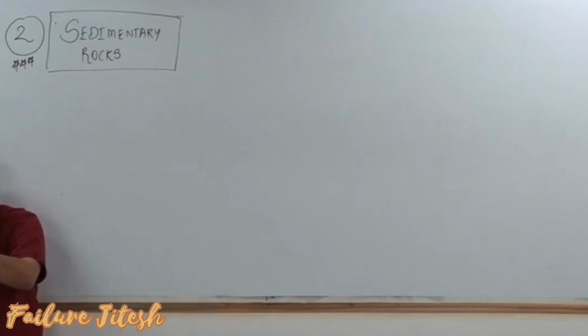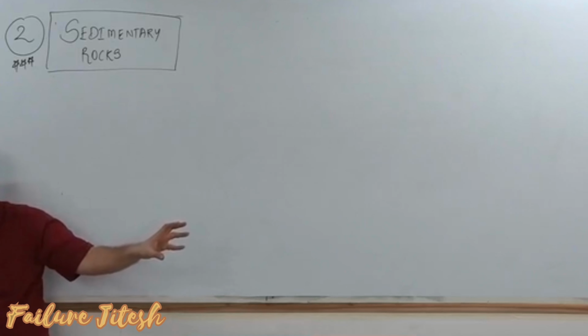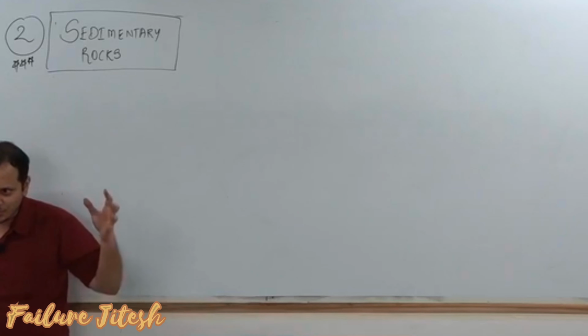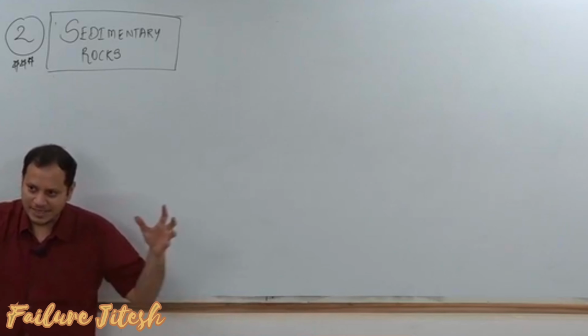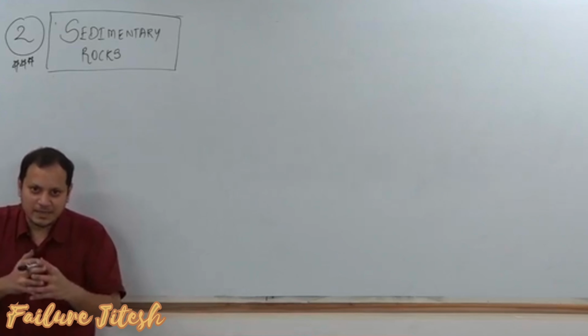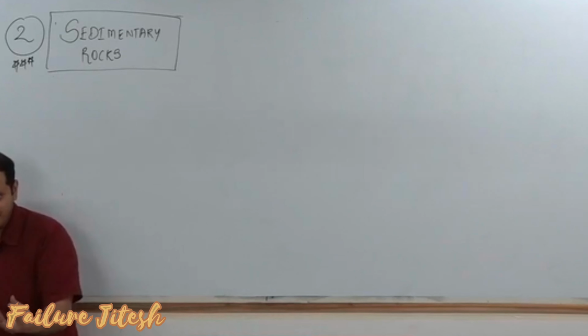It can be original igneous rock, it can be original sedimentary rock also, it can be original metamorphic rock. After that the sediments may be carried by the agents of erosion or they may remain in the same place. After that, due to overlying pressure, the sediments will become compact. As they become compact, they will become solidified.